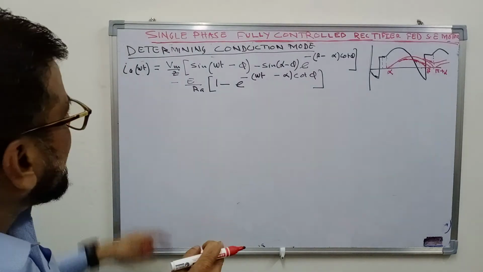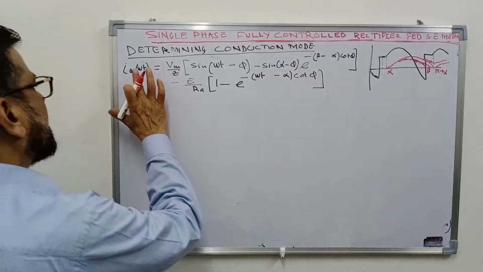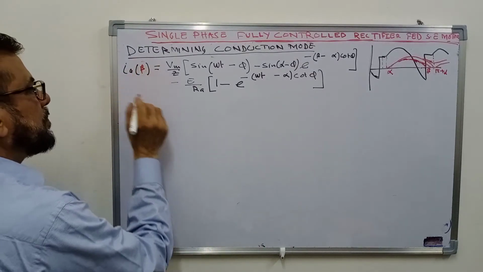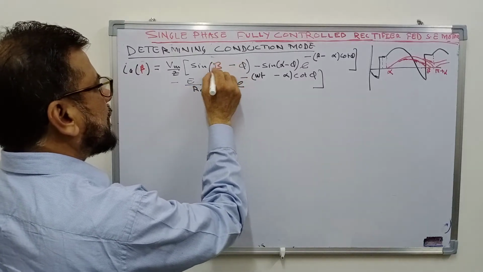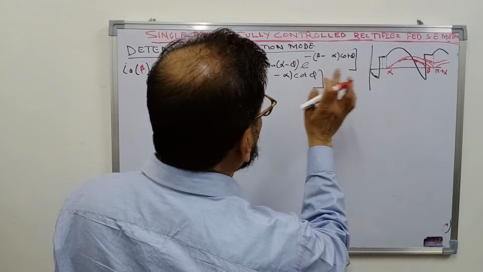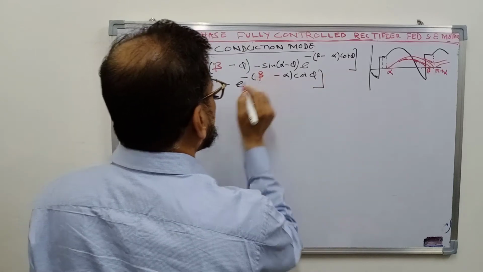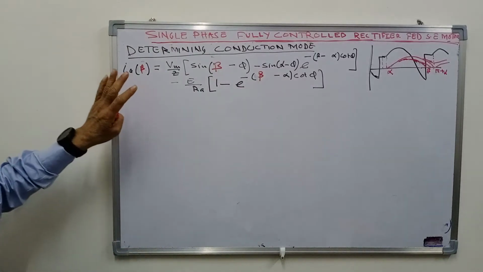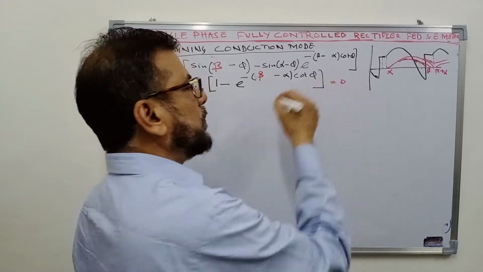What is the value of current at omega t equal to beta? This you can obtain by putting beta in place of omega t. So this is the value of Ia at beta, and that you know is equal to 0.